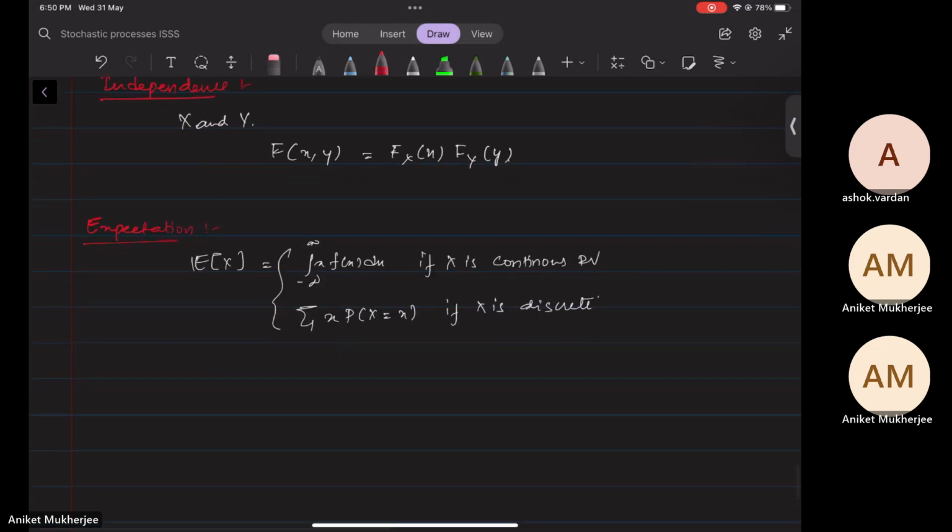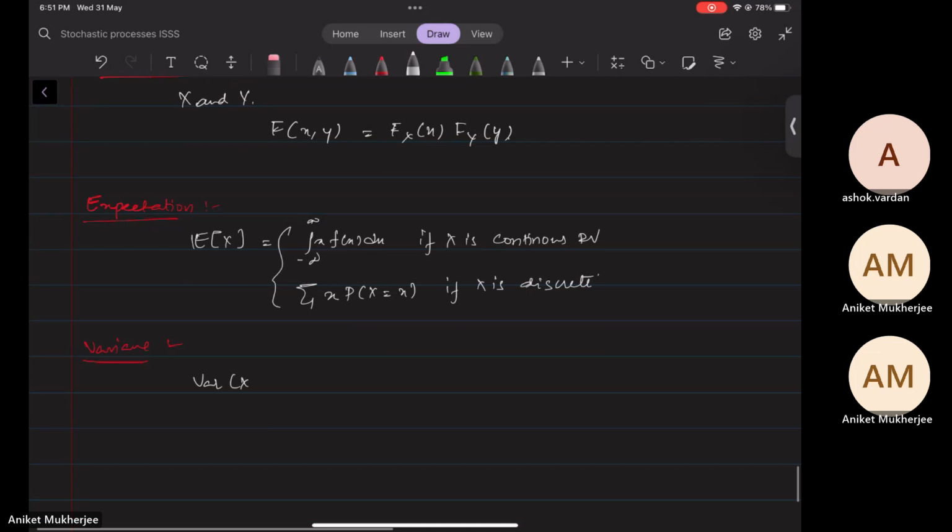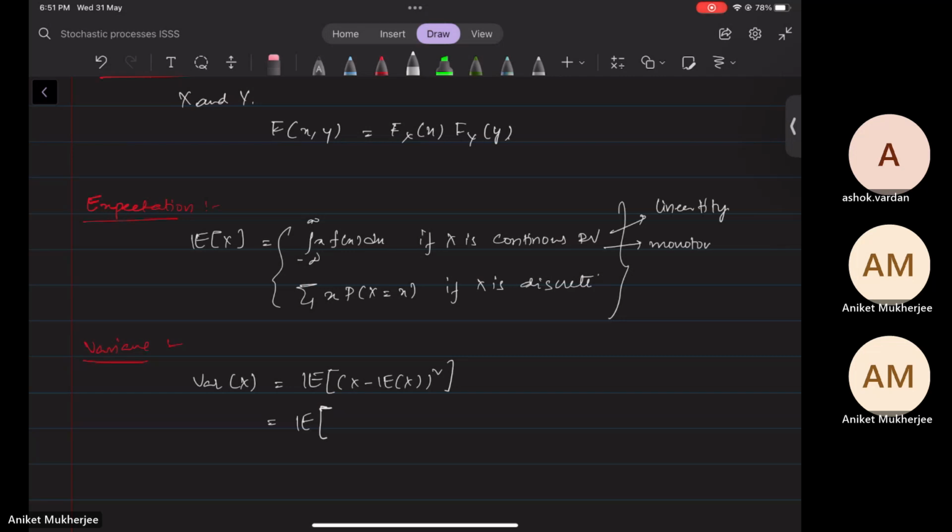Next is variance. The variance of a random variable X is equal to the expectation of (X minus the expectation of X) whole square. So you can expand this out. There are some properties of expectation. One of the properties is the linearity property, which will be used, and there is the monotonicity property, which is similar to the probability law.